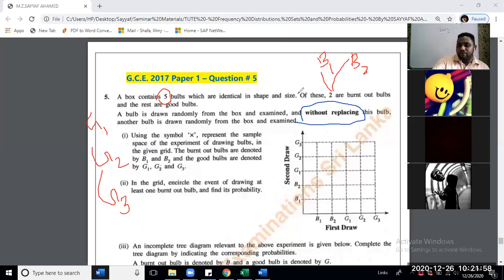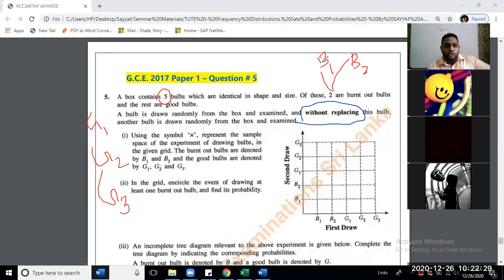Without replacing means you take one bulb and you don't put it inside the box again, so the total is going to drop by 1, which means this is a mutually exclusive event. Clear? Because if you choose burnt out bulb number 1, then you take it out and don't put it inside the box again, so that can't happen again, even in your second draw.